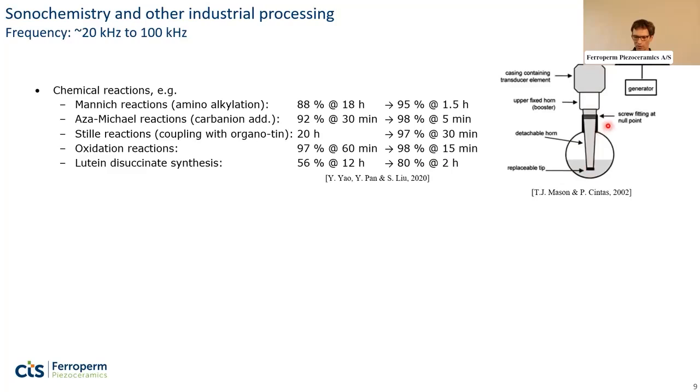And of course, it's important that the whole apparatus is fixed at a node point, meaning a point where there's zero displacement. Otherwise, it'll be very difficult to hold the whole transducer assembly.